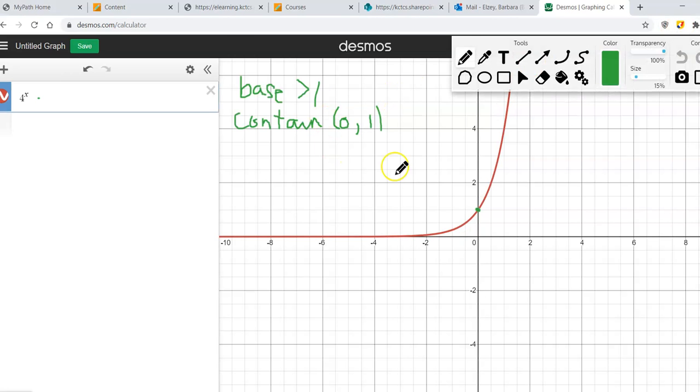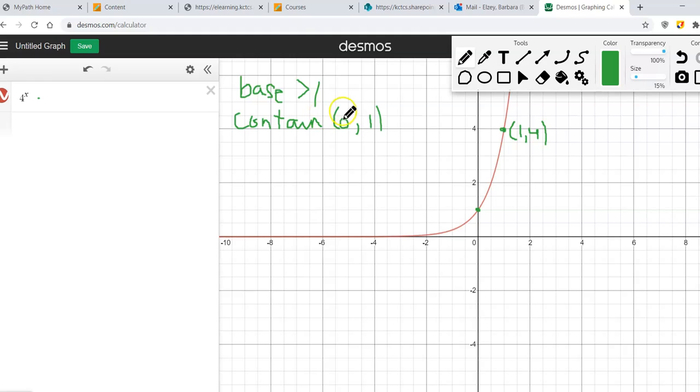All right, so I had to quit my little thing just to show 4 to the x. All right, so now I want you to notice this point right here. Notice that the x value here is 1 because this is actually being scaled by 2. This is the point 1, 4.